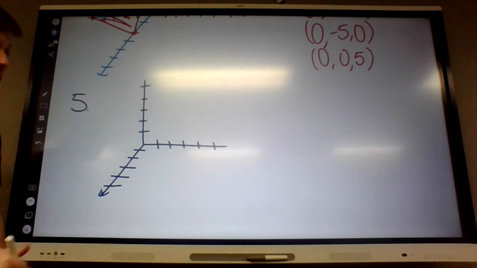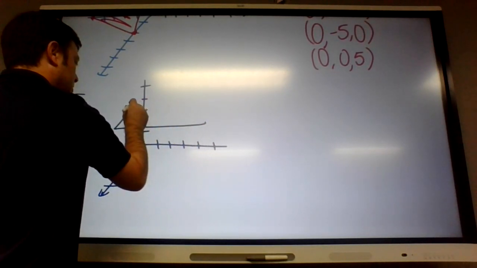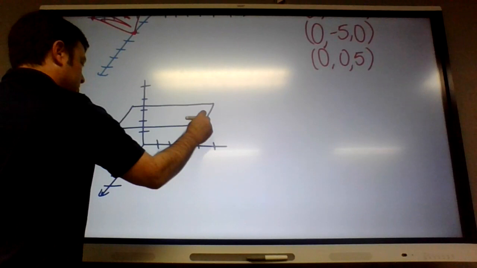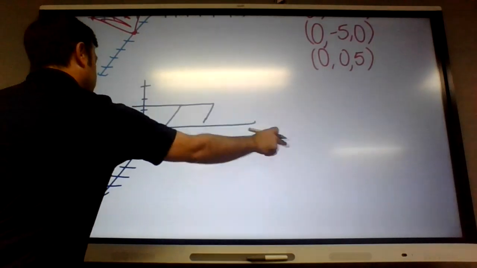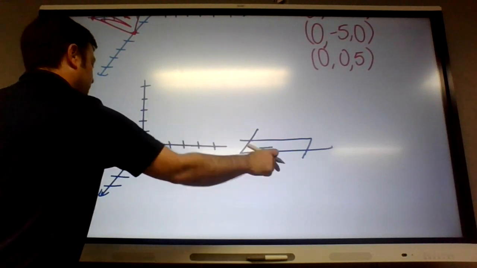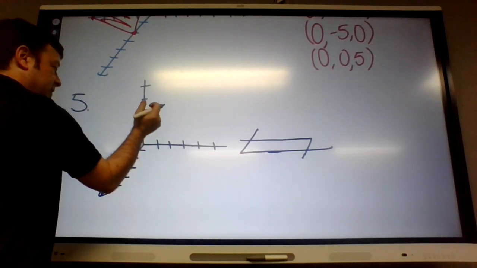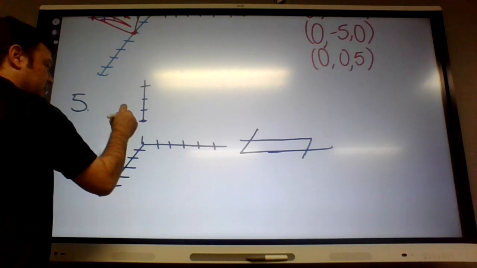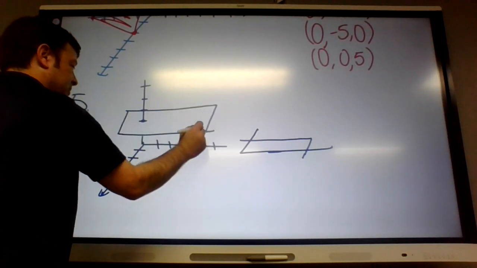Cheat and use the book here. The trick they used, they kind of erased this part, so it looks like the plane is covering it.